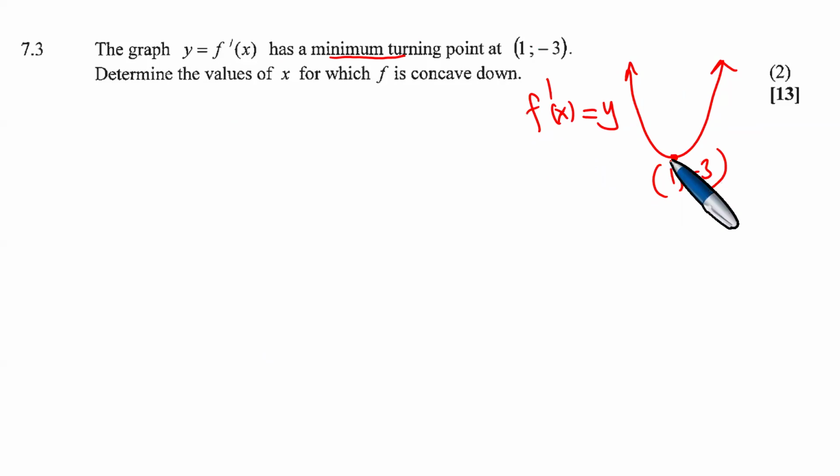So it has a turning point, but it's a minimum. Now, the examiner goes on to say, in particular, it is at this point. What does it mean that this is a minimum turning point? Well, we're going to analyze that.